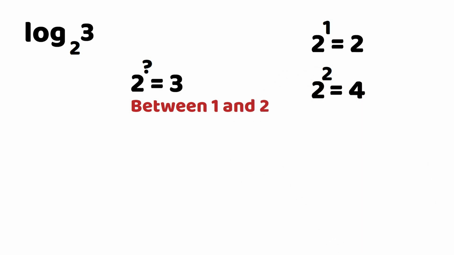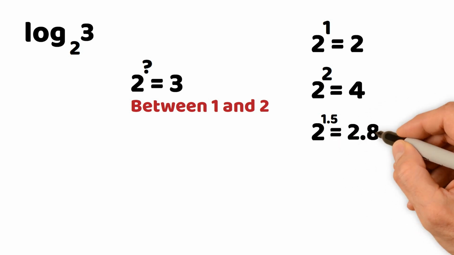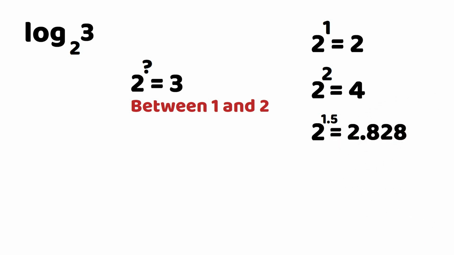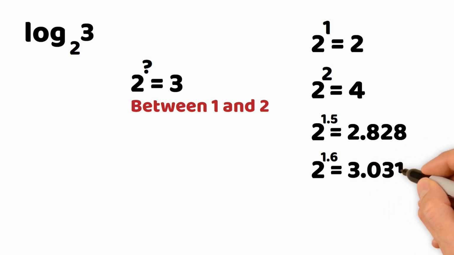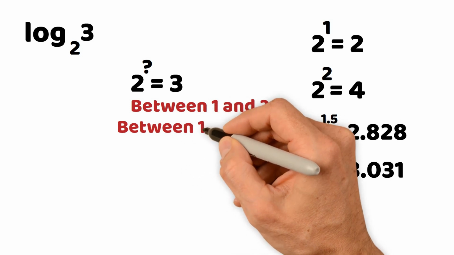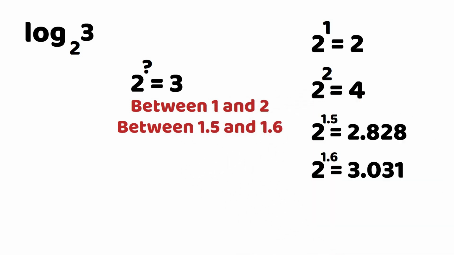Let's try 1.5. On a calculator, we can compute 2 to the 1.5 power equals 2.828, which is still too small. Let's try 1.6. 2 to the 1.6 power we can calculate to be 3.031, which means that 1.6 is a bit over log of 3 with a base of 2. So log of 3 with a base of 2 is some number between 1.5 and 1.6.